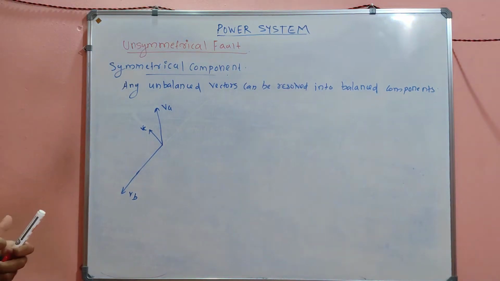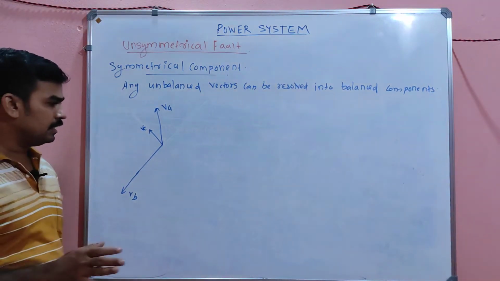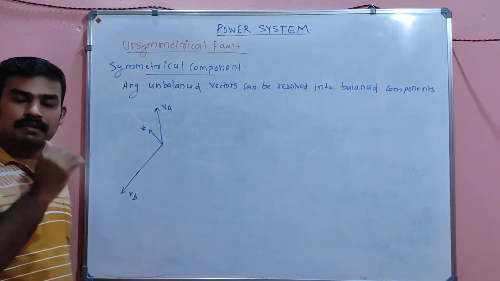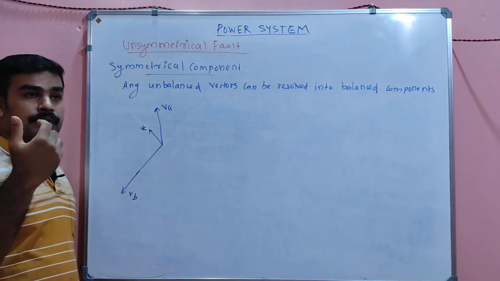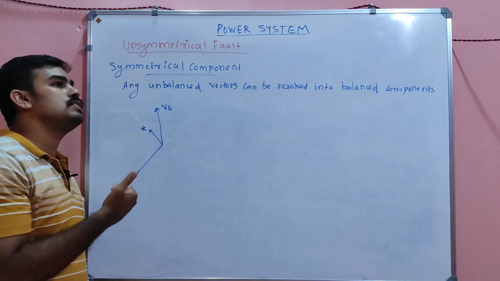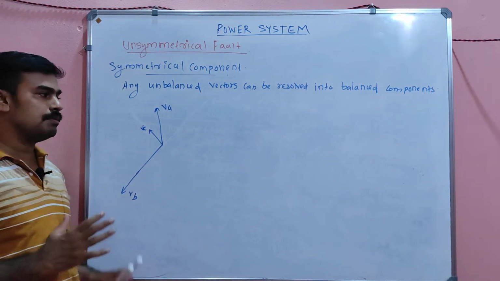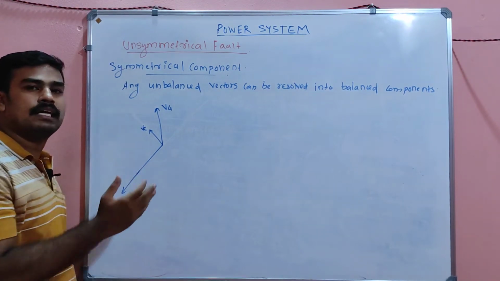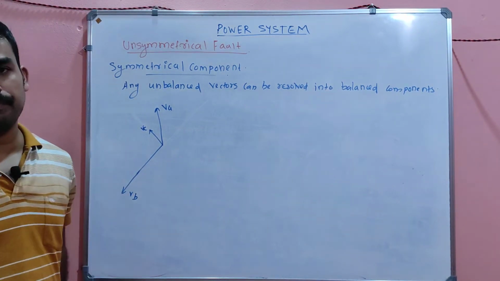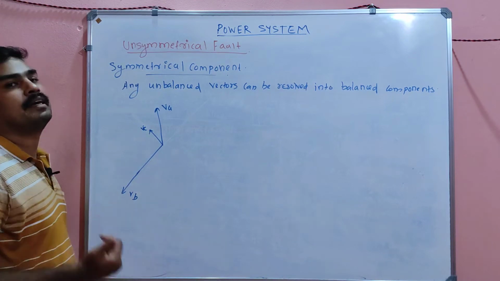By simply looking at the diagram, it is clear that these three vectors are not balanced, right? It is unbalanced. Unbalanced means, my dear, that the magnitudes of the three vectors will not be equal, and the phase angle between them will not be the same. It will vary. Then it is called an unbalanced vector.